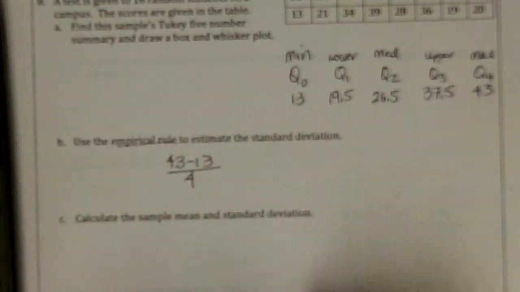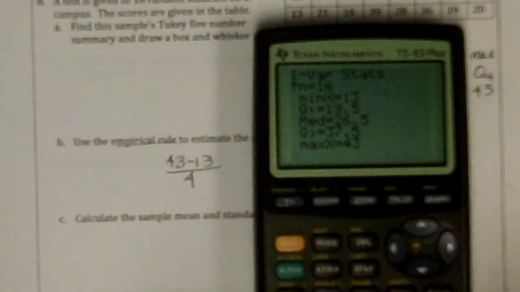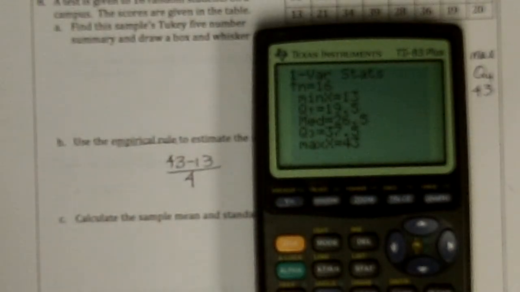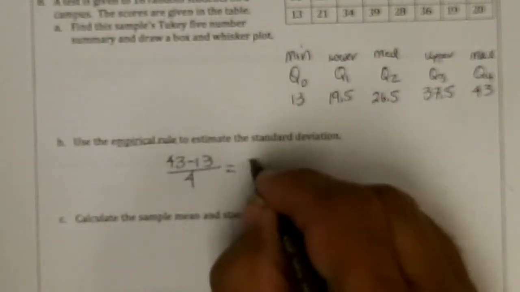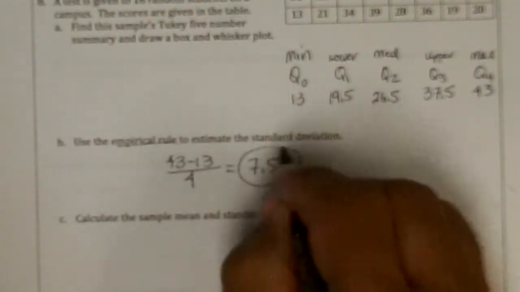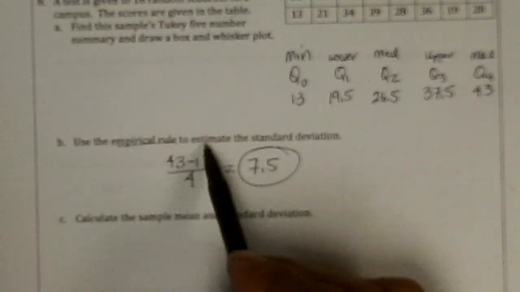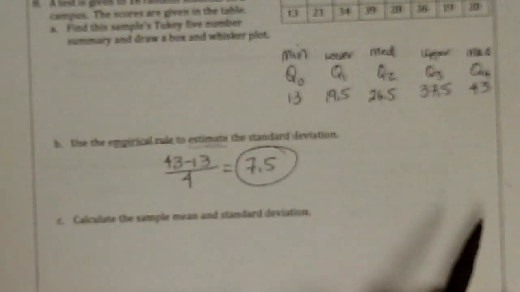The square root of 16 is 4. 43 minus 13 is 30, divided by 4 is 7.5. That would be an estimation of the standard deviation.